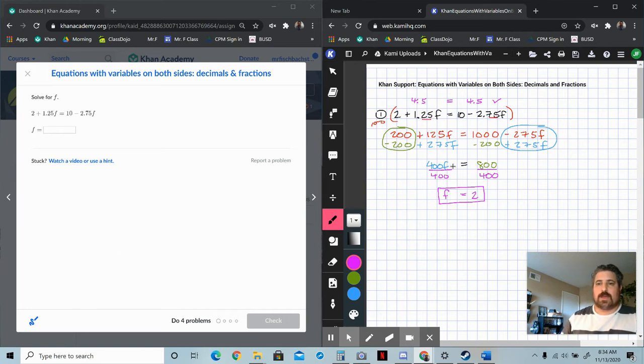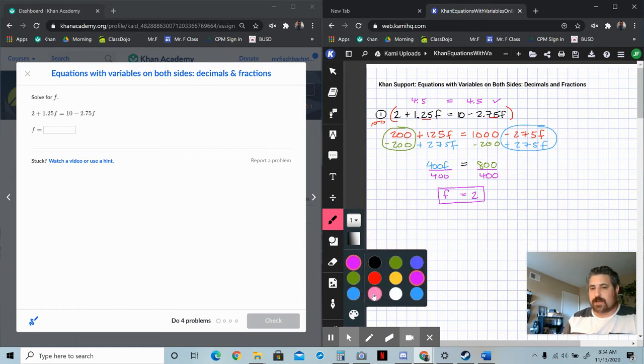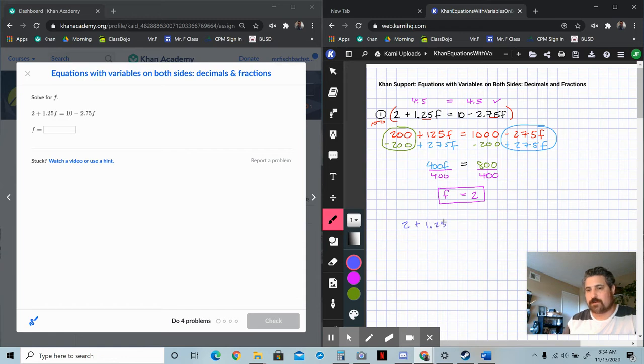Okay. Now, like I said, I could have done this problem an alternate way, just by getting rid of the decimals and multiplying everything by 4 in this case, because 1.25 is fourths and 0.75 is fourths as well. So watch what happens when I do that. If I had 2 plus 1.25f equals 10 minus 2.75f, and I multiplied the entire thing by 4, then this is what it would look like.